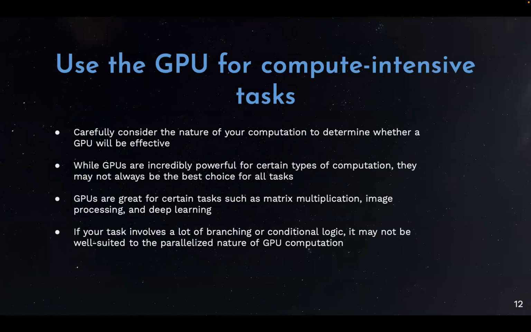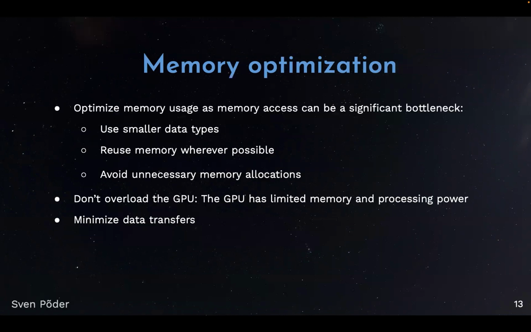So you won't be porting unoptimized code to it. If you have a lot of conditional logic in your code, and code that's very convoluted, then GPUs are not going to be your best choice. So before you try to implement GPUs into your data pipeline, make sure that it is the right tool for the task. It's not a miracle tool. This is the first thing to keep in mind.